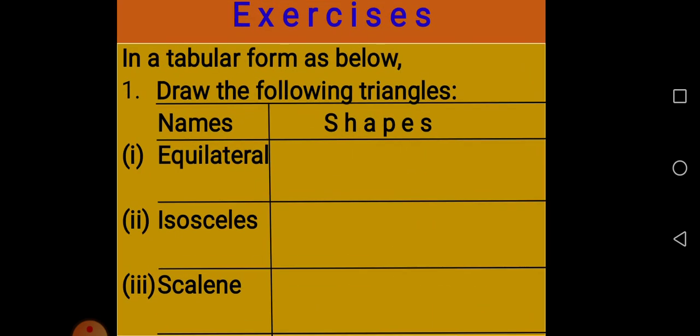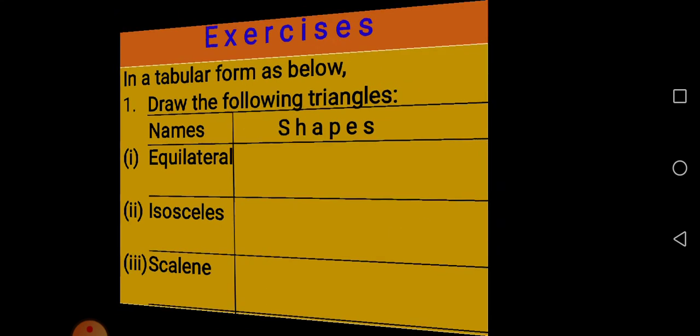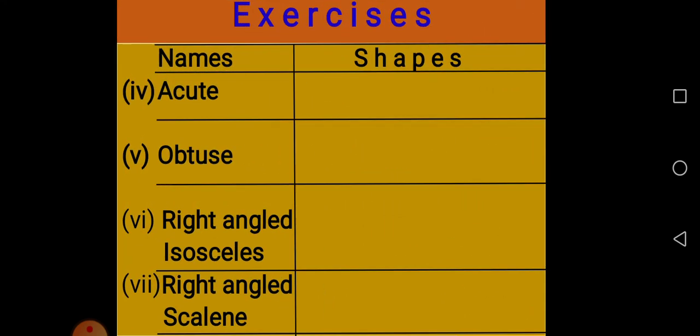Now take a look at these exercises and do them in tabular form as below. Draw the following triangles. Number 1: equilateral triangle, isosceles triangle, scalene triangle, acute angle triangle, obtuse angle triangle, right angled isosceles. How do you draw that?